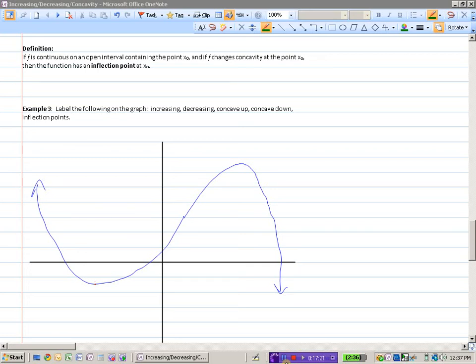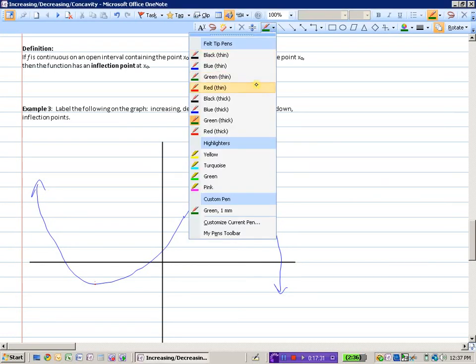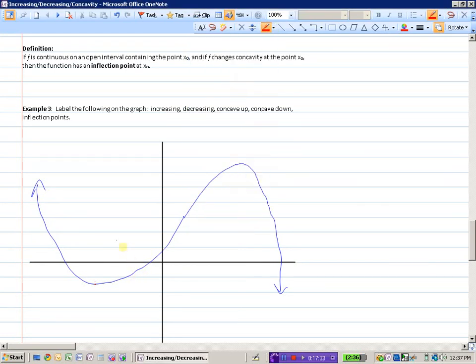Here's a function, and on this graph we need to label the areas where it's increasing, decreasing, concave up, concave down, and inflection points. And I'm going to use the red pen for the areas where it's increasing and decreasing. So on this interval here, the graph is going down. We would say this is a decreasing interval.